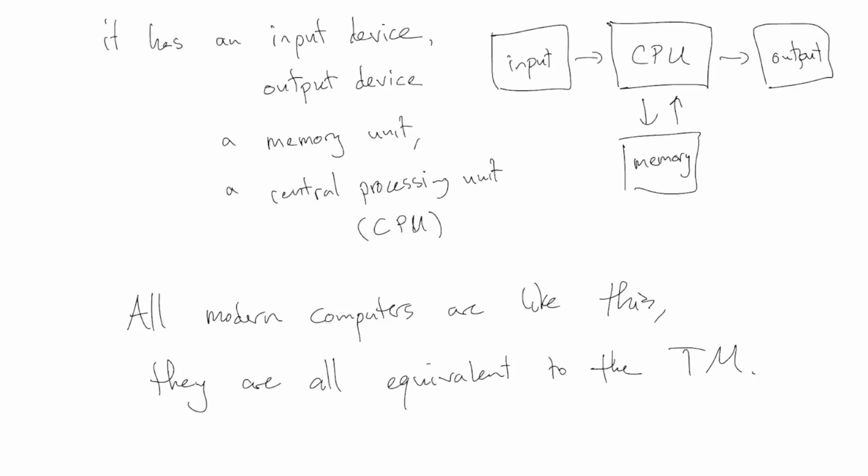Does that mean you could play Fortnite on an abstract Turing machine? The answer is technically yes, although the abstract Turing machine doesn't have the same kind of input and output that is generally required to play Fortnite. But if you could somehow play Fortnite using strings as the input and strings as the output, then in theory, the full source code to Fortnite can be translated into a giant Turing machine diagram.